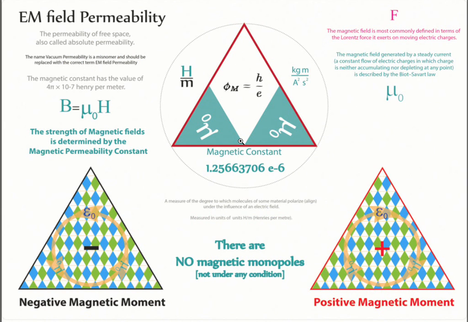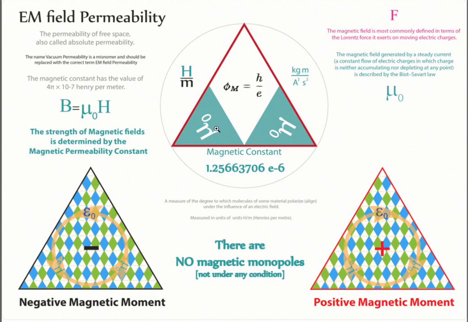Looking at the magnetic side, the electric side was obviously a measurement of Coulomb's force. With the magnetic fields, or the permittivity, permeability of the EM fields, we normally refer to it as a Lorentz force. It's a transverse force between magnetic fields or magnetic dipoles, depending on what you're measuring and the scale at which you're measuring.